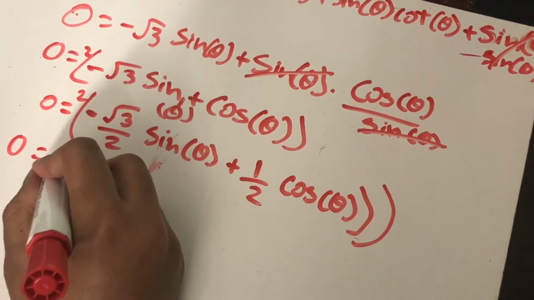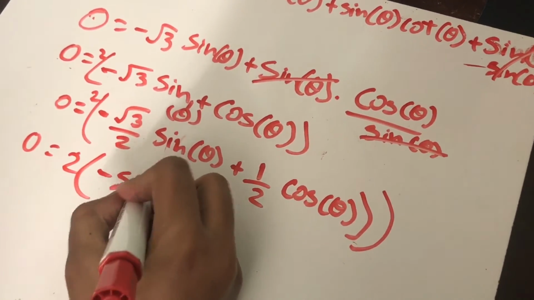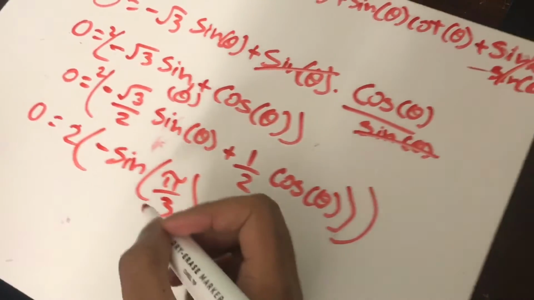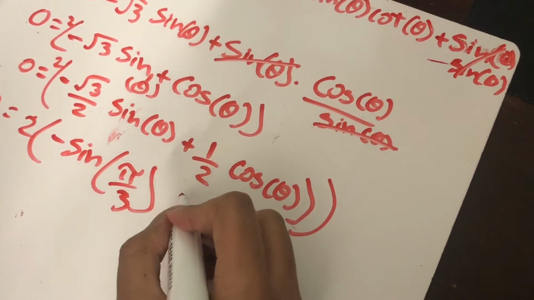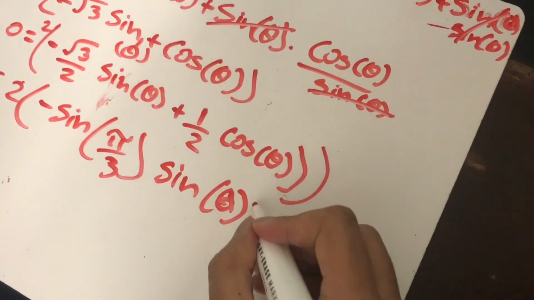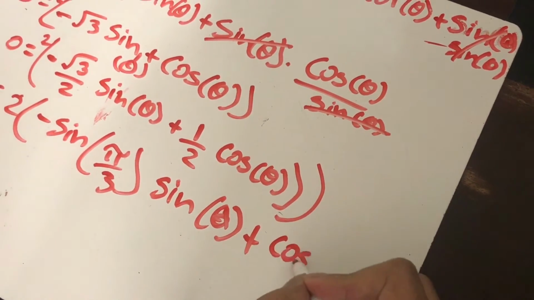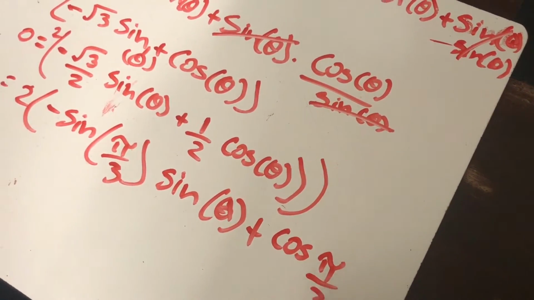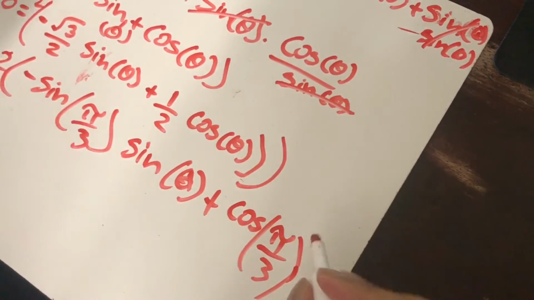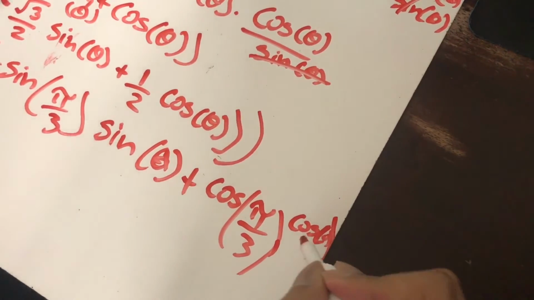So it's going to turn into 0 equals negative sine of pi over 3 multiplied by sine of theta, plus this thing turned into cosine of pi over 3, and this, and then cosine of theta. Then the whole thing.